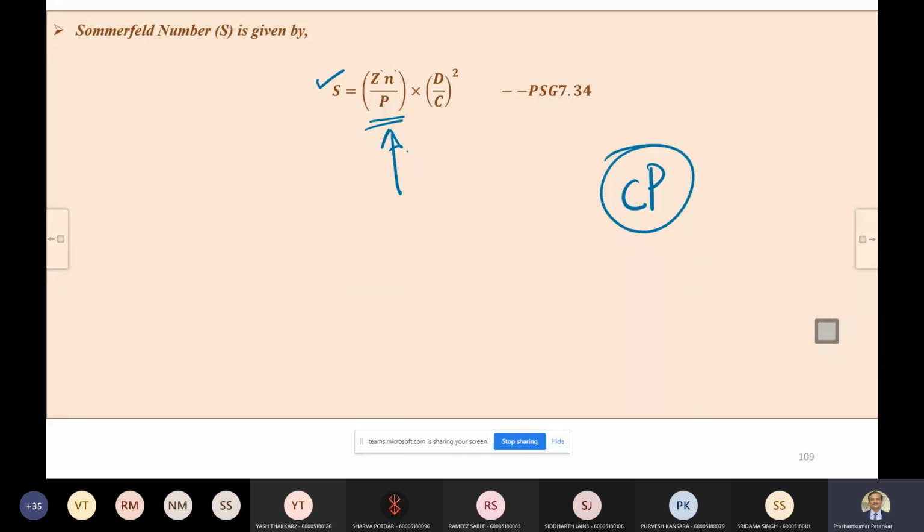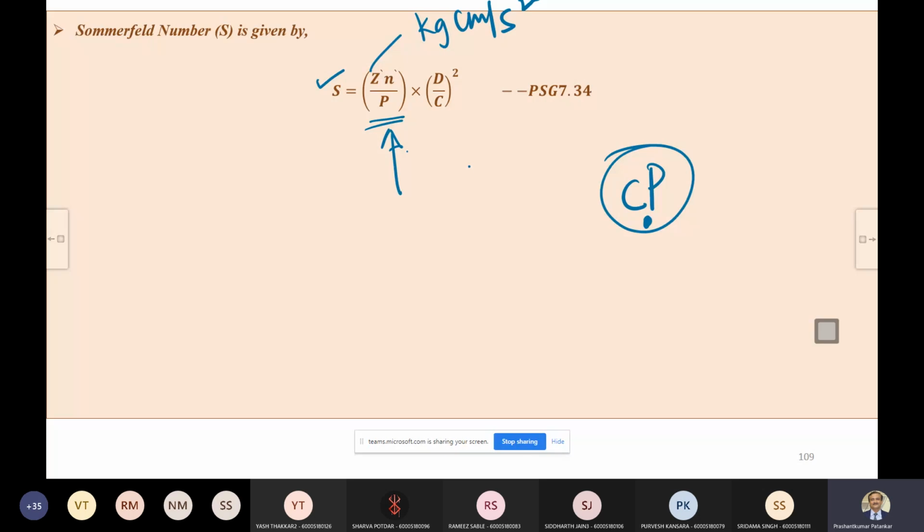In fact, in the PhD, that viscosity is expressed in centipoise. Here we are using this viscosity in kgf centimeter per second square, so we have to convert that viscosity from centipoise to kgf centimeter per second square.